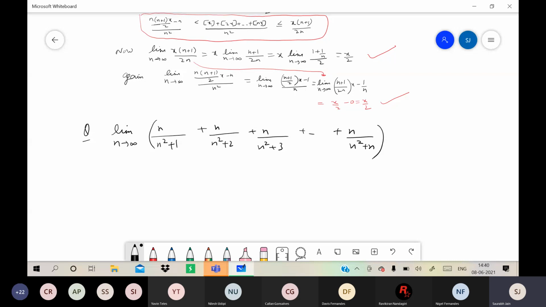But how to use it, just think for a moment. Use sandwich theorem, think about it once. You are supposed to create the inequality.